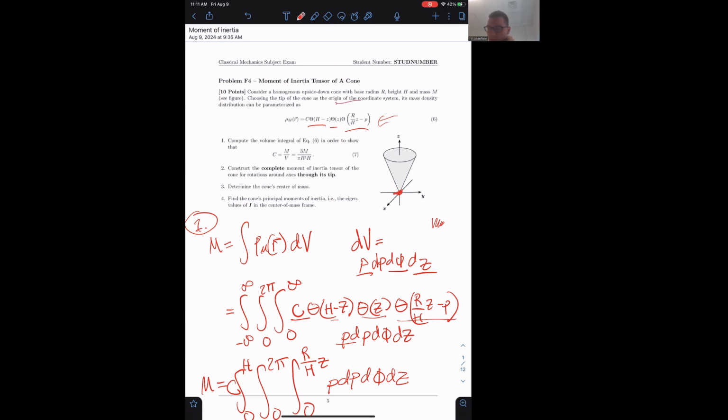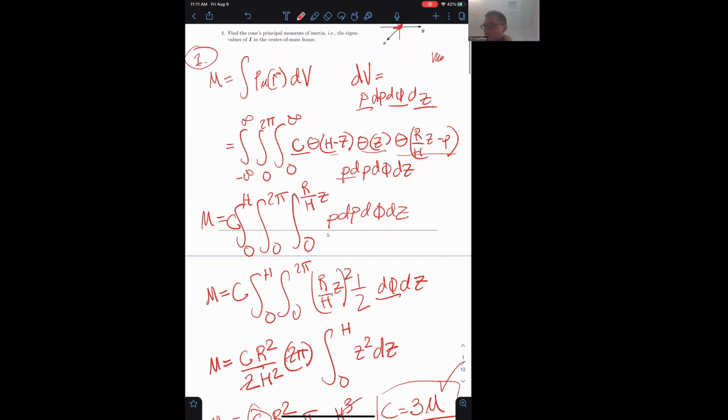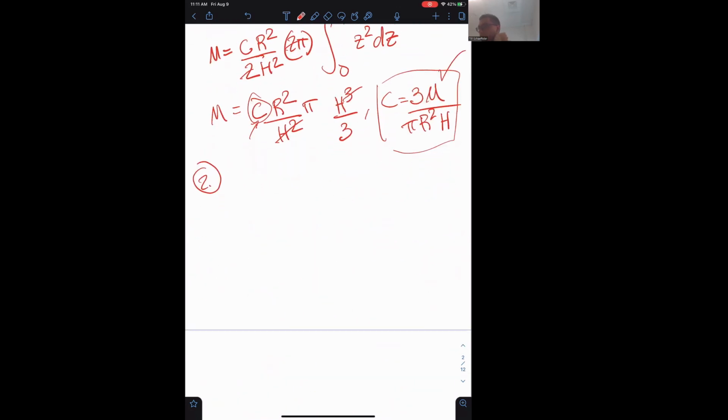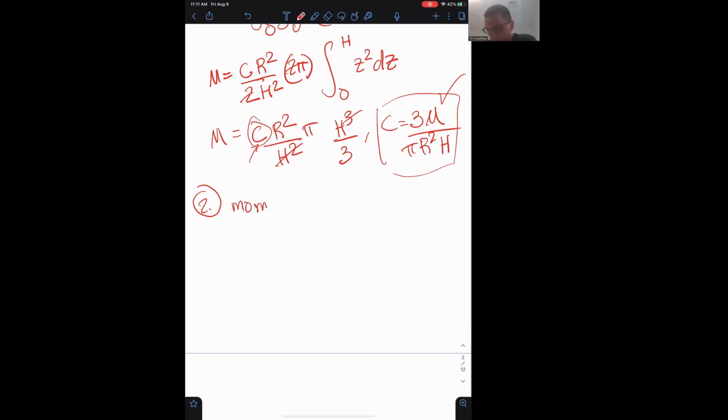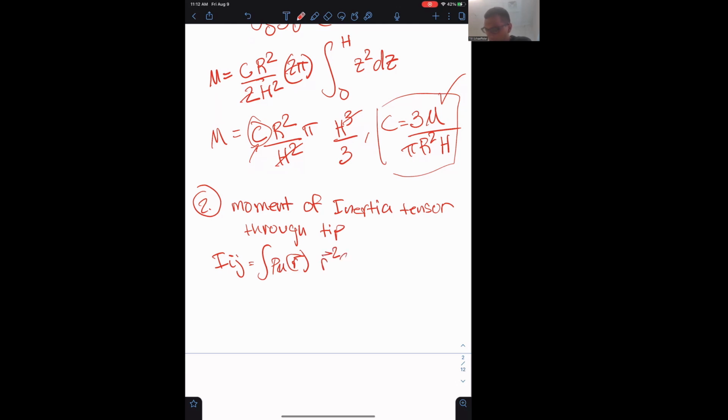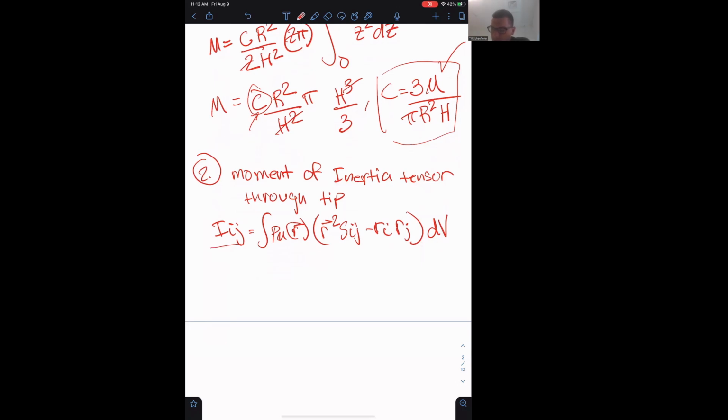The origin is already centered at the tip, so we can just use the normal formula for the individual components of the moment of inertia tensor.